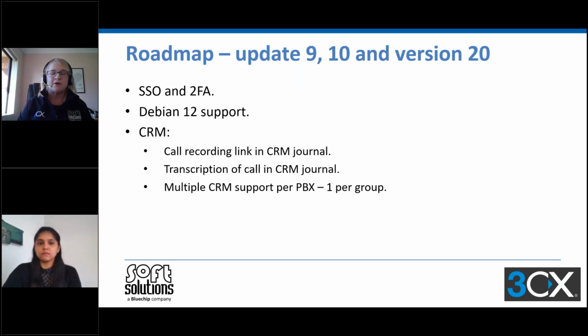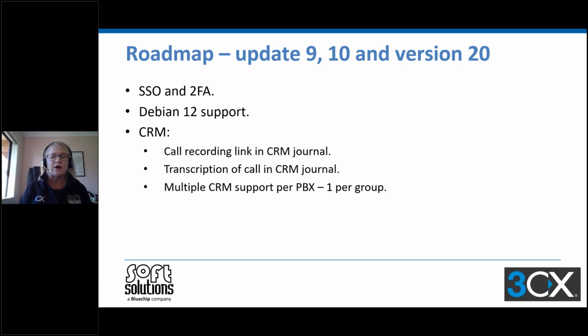So key things on that roadmap are around SSO, so your single sign-on, 2FA, that's been asked for quite some time, and obviously a key security function. Debian 12 support, we believe that'll be at version 20. So Debian 12 was just released mid this month, so that is the new version of Debian, and 3CX will be moving to that fairly rapidly with their version 20 product.